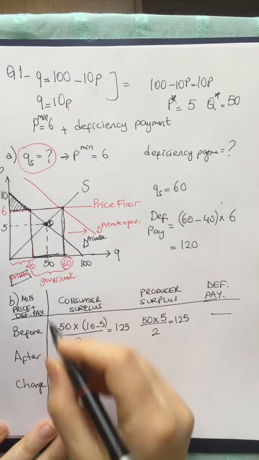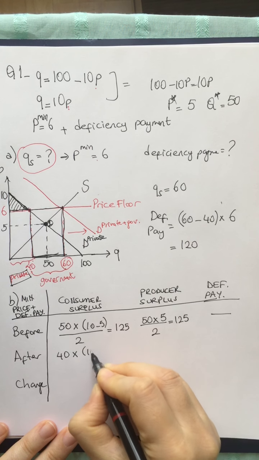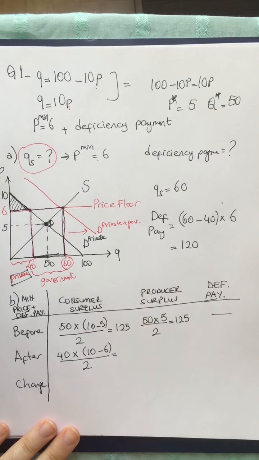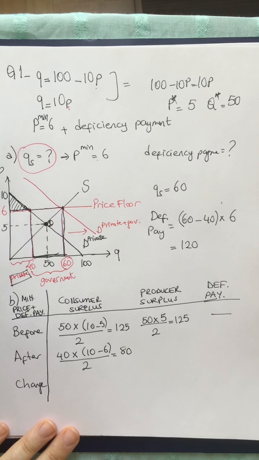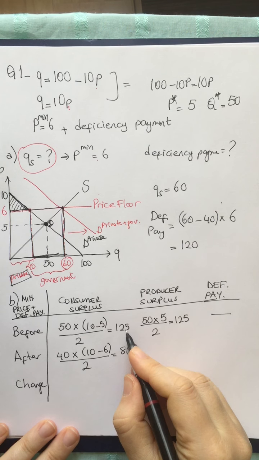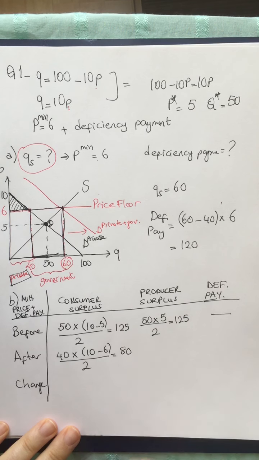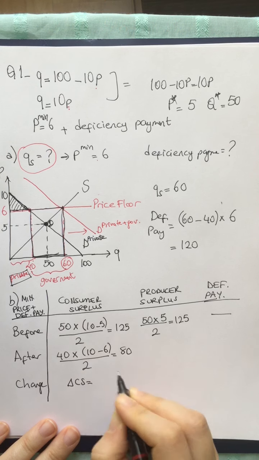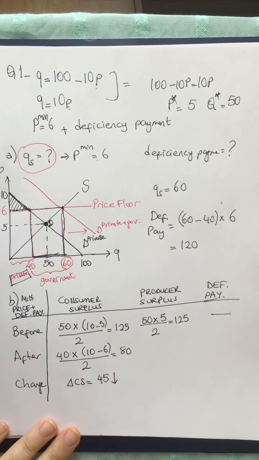So it is base 40 times height 10 minus 6 over 2, which is 80, right? So the consumer surplus was before 125, now it's 80. So it means that the change in consumer surplus is a 45 units decrease.